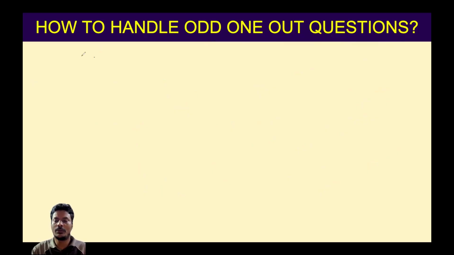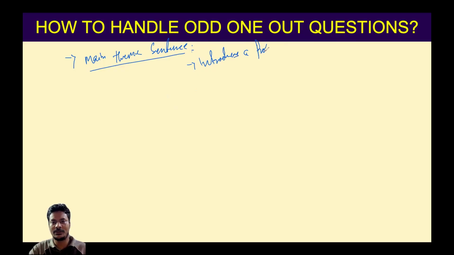So when we talk about identifying the main theme sentence, the main theme sentence introduces what? First, it introduces a problem. Second, it gives broad context.